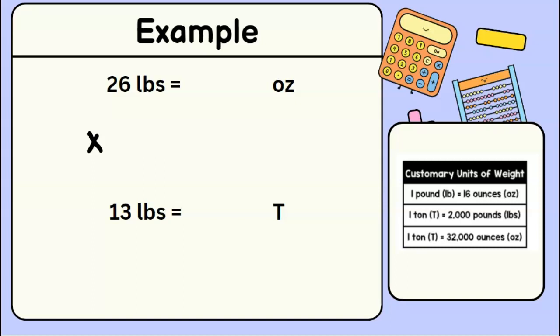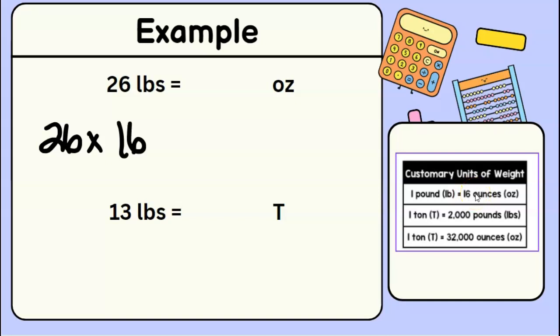I'm going to start with my original measurement, which is 26, and then I will find my conversion. What are pounds equal to in ounces? I know 1 pound is equal to 16 ounces, so I'm going to put my 16 there, and I'm going to be multiplying out. So I can always stack them on top of each other as well to get that multiplication.